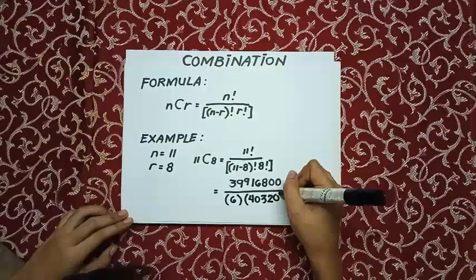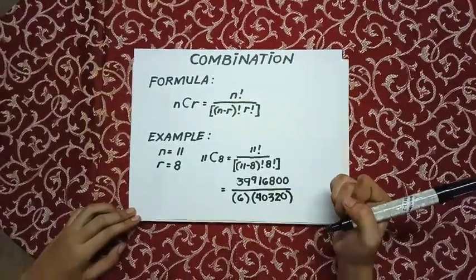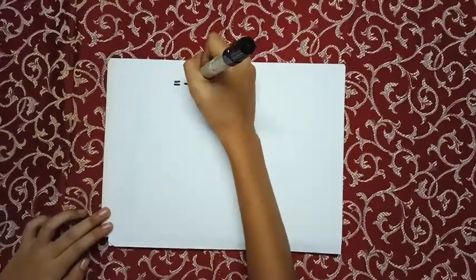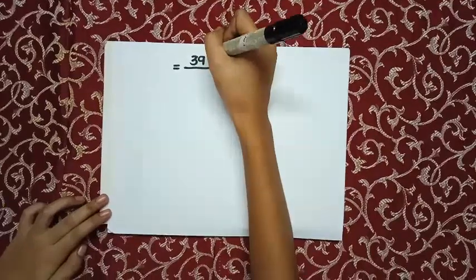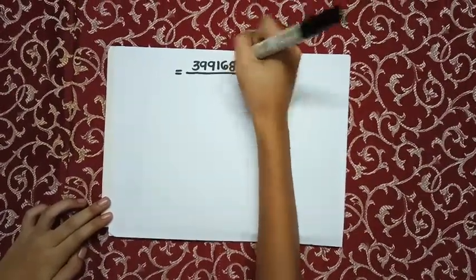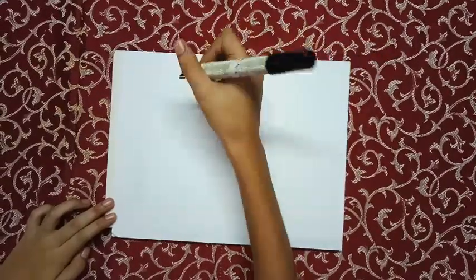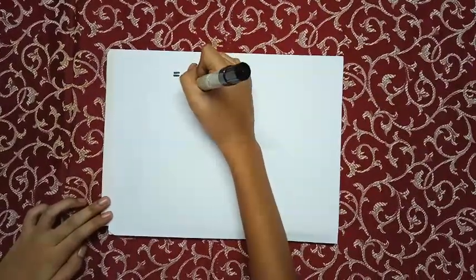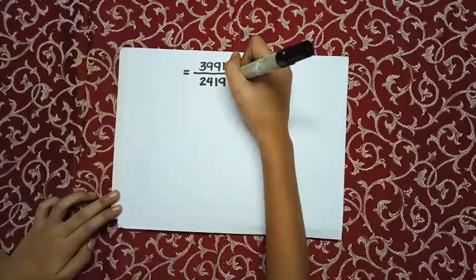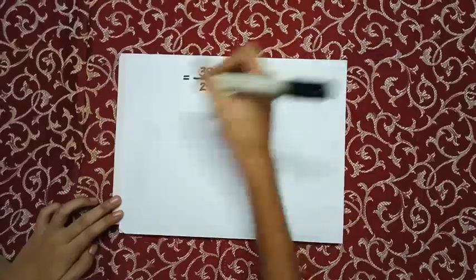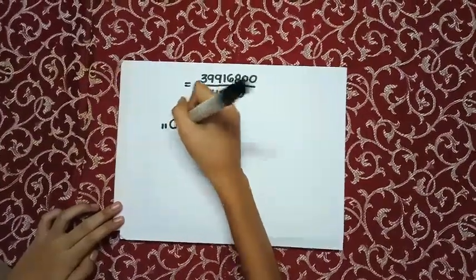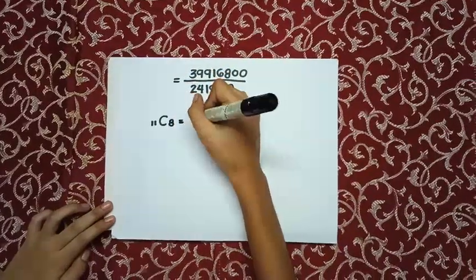Then it will be 39,916,800 divided by 241,920. The answer will be 11 choose 8 is equal to 165.